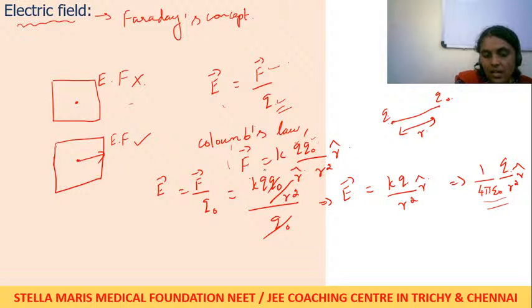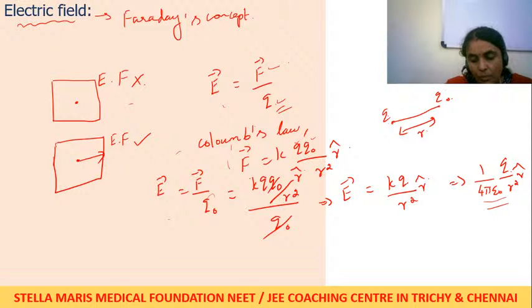Here I find the electric field present due to q naught, so instead of q I substitute q naught. If an electric field is present, there will obviously be a force of attraction or repulsion on the charges or particles. Have you all understood?